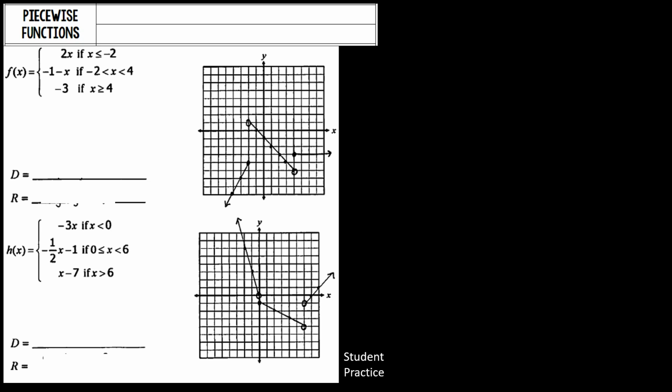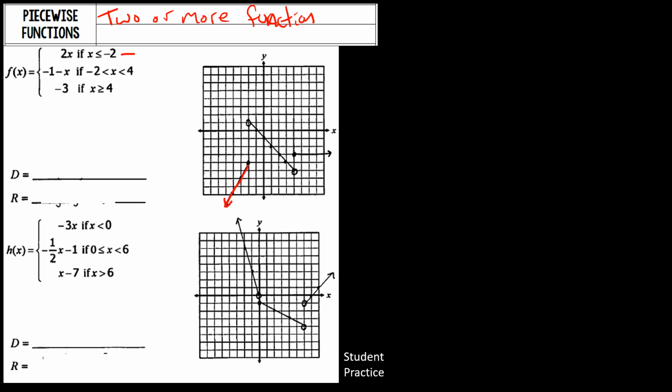So let's talk about piecewise functions. A piecewise function is when we have two or more functions. Like we see here in this first example, we've got three functions, right? The line 2x, when x is less than -2, and that's going to be this line right here in red.